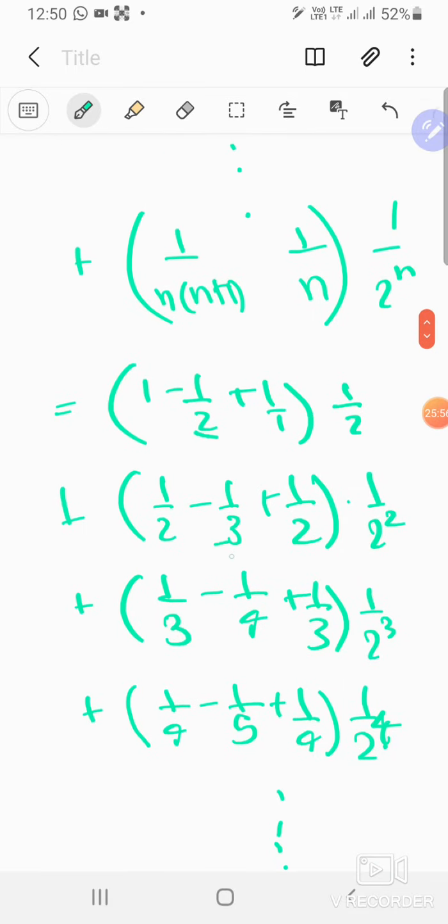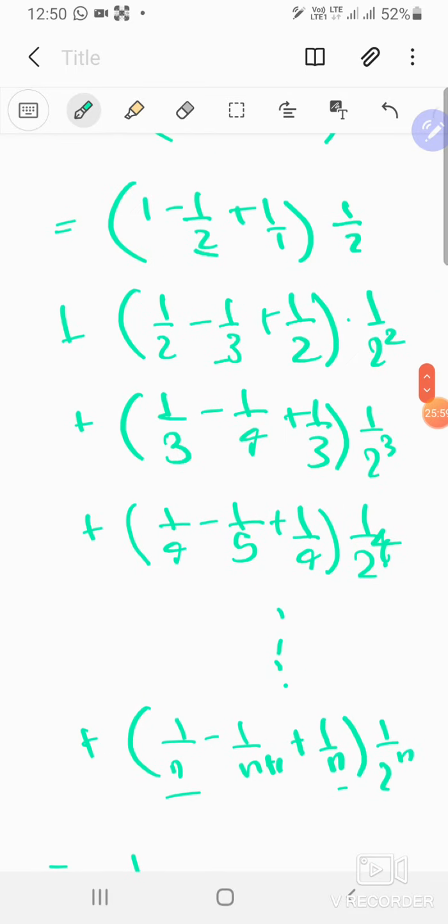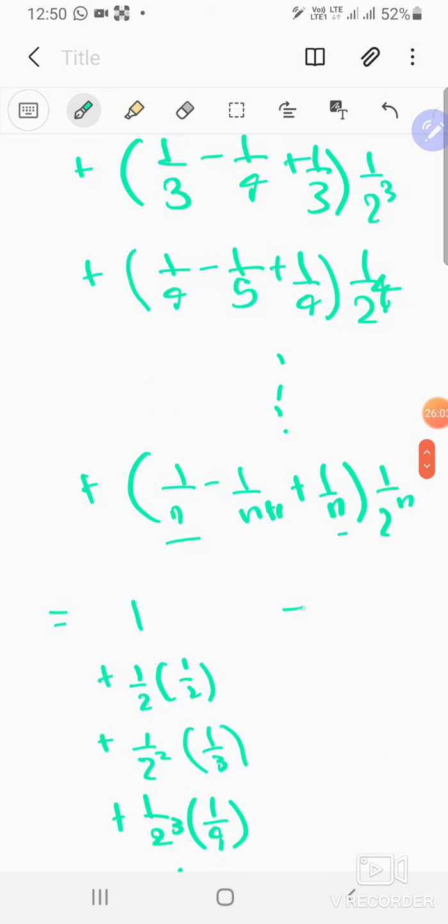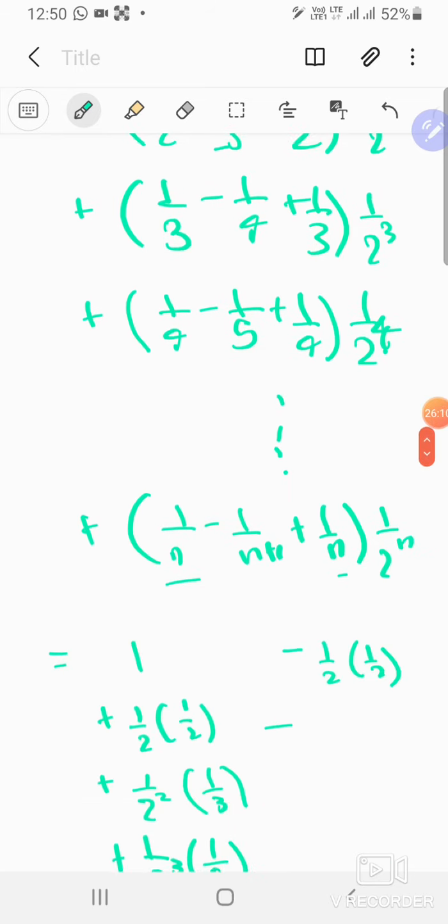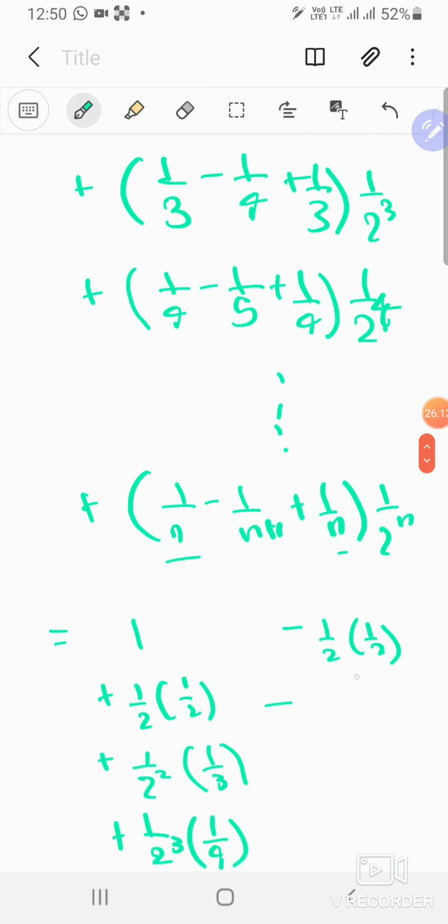That is with these negative ones. So negative 1 by 2 into 1 by 2. And then negative 1 by 3 into 1 by 2 squared.